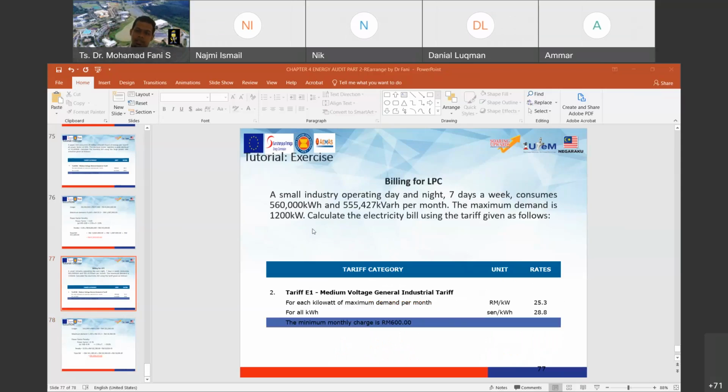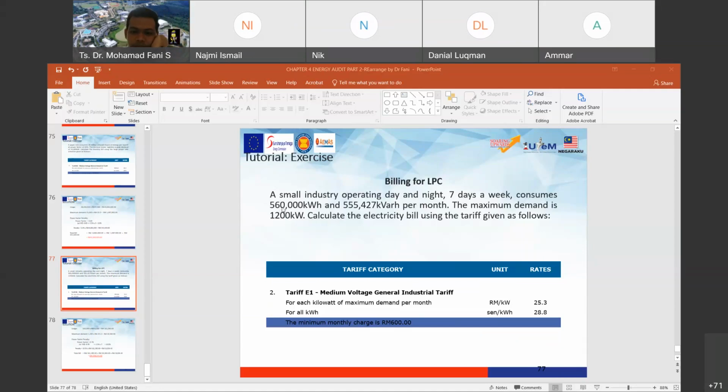A small industry operates day and night. Exercise sikit lah. 7 days a week, so running 24 hours. The question states that this small industry operates day and night, which means 24 hours, 7 days a week, and consumes this amount of kilowatt consumption, and also kVAR reactive is given.